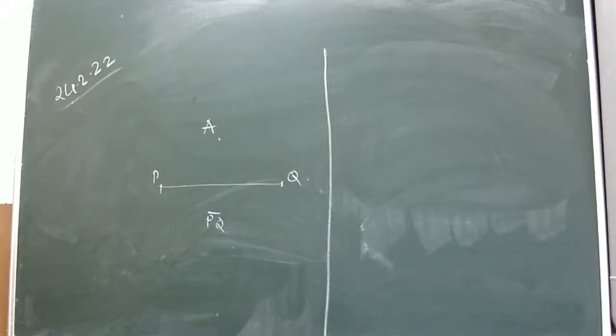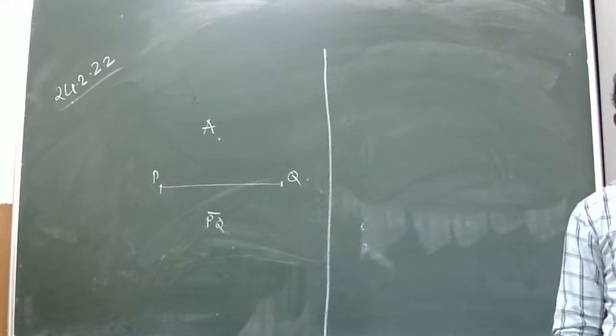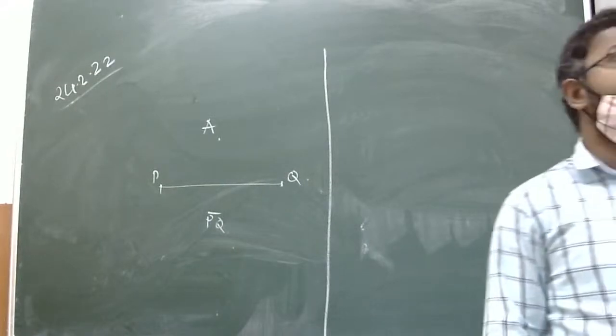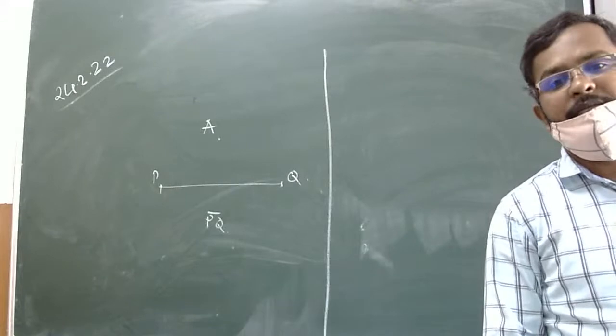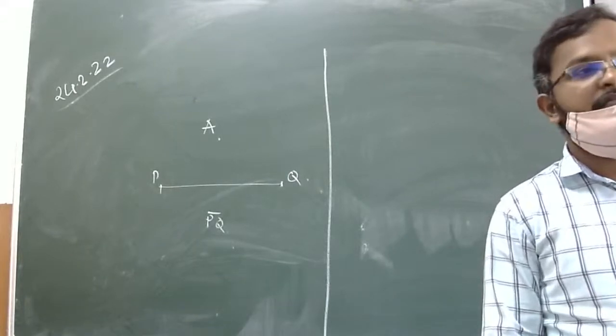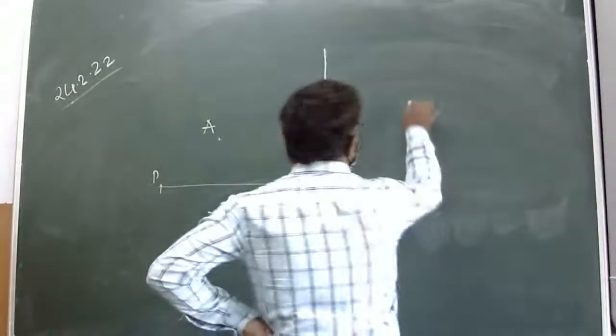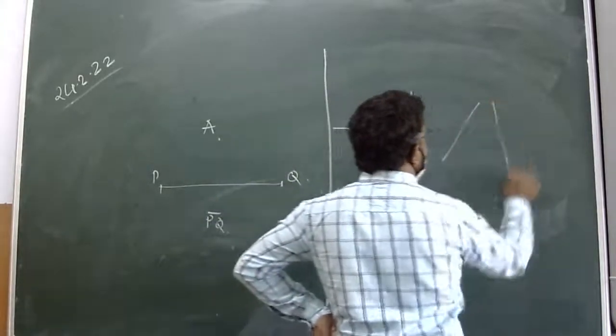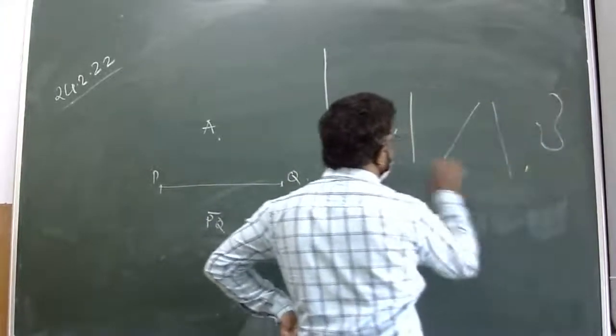Okay, so after line segment and points, we have different types of lines. Can somebody name the different types of lines? What do we call this line and this line and this line?